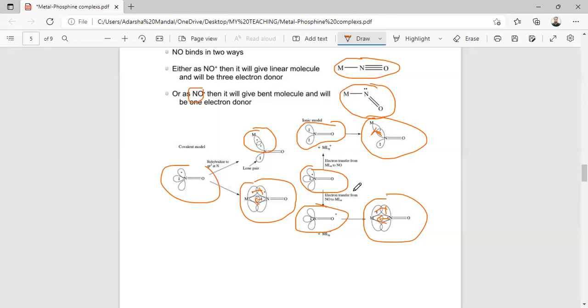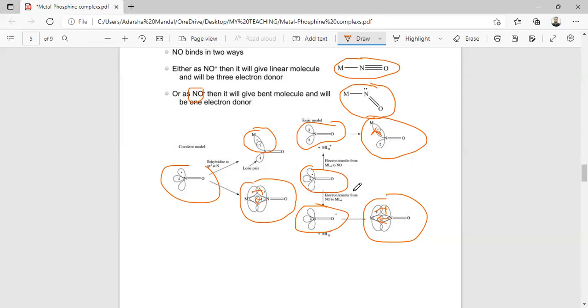Raising the electron density of the metal will encourage the linear to bent conversion, because in the bent NO a pair of electrons originally assigned to the complex becomes a lone pair on nitrogen. In the ionic model, the electron from the metal reduces NO+ to NO-.